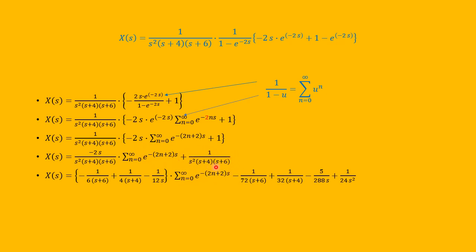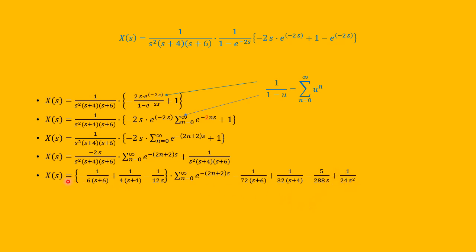This fraction over here can also be expanded using partial fraction decomposition, and it turns out to be minus 1 over 72 times s plus 6 plus 1 over 32 times s plus 4 minus 5 over 288 times s plus 1 over 24 times s squared.